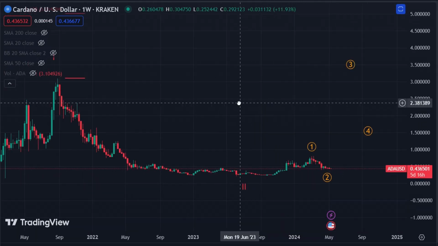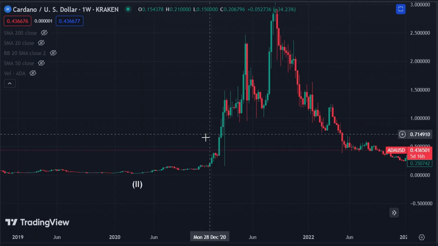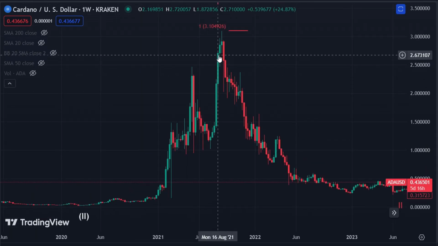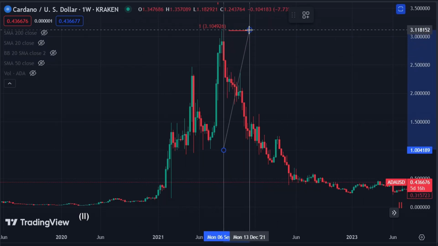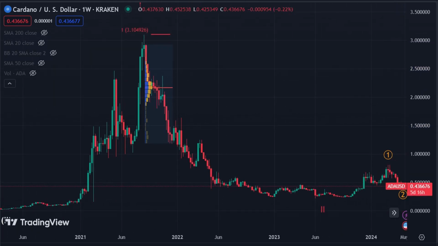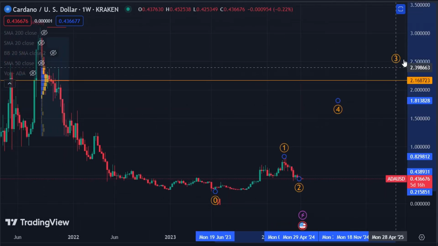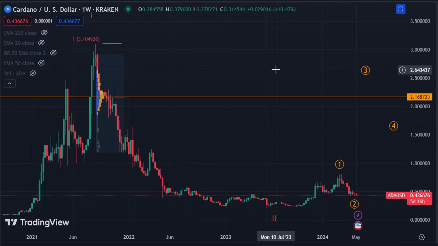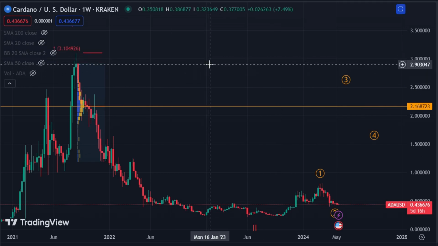Now to get the target for wave 3, we can go back to the previous cycle and we can take the volume profile of wave 4 and 5. And we can see that we have the highest volume spike around $2.15. So this is a very important level. If we break through this level, we could potentially reach the previous all-time high.